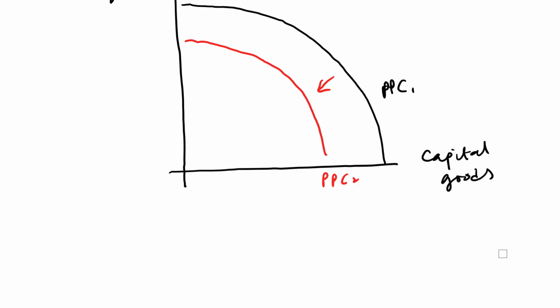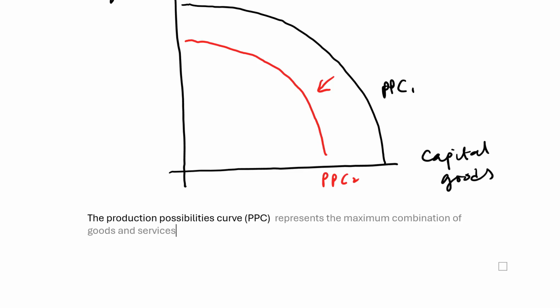So I would say something like: the production possibilities curve represents the maximum combination of goods and services an economy can produce given its available resources and technology.